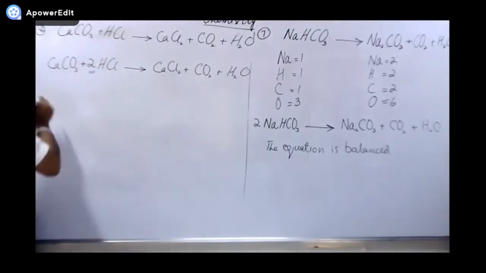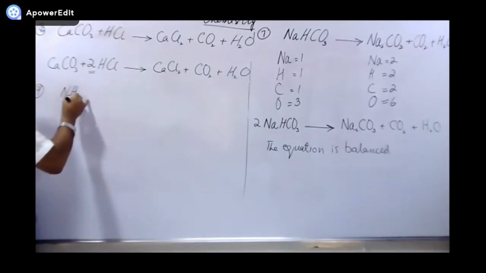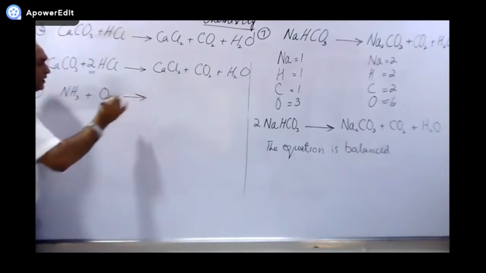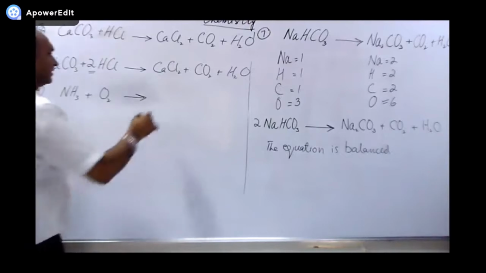And finally the last one. Ammonia plus oxygen. NH3. What do you call NH3? Ammonia. Plus oxygen gives NO plus H2O.